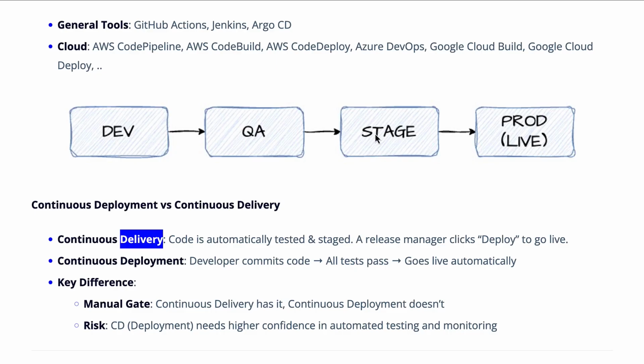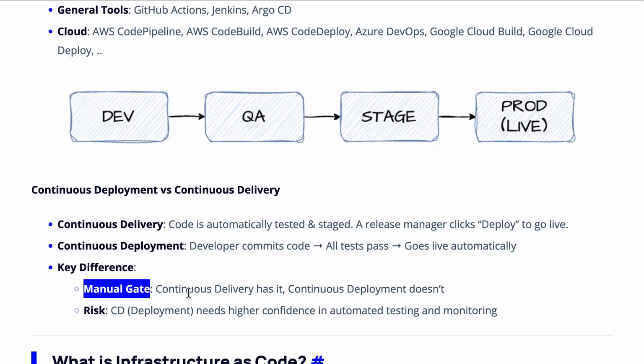So you'd run unit tests, you'd run automation tests, and you'd proceed with automatic deployments up to staging environments. However, you will not go live automatically. You will go live only after somebody like a release manager, a manual person, clicks deploy. So there is a manual gate. So when you're doing continuous delivery, there's a manual gate. Somebody has to manually approve before the code goes into production.